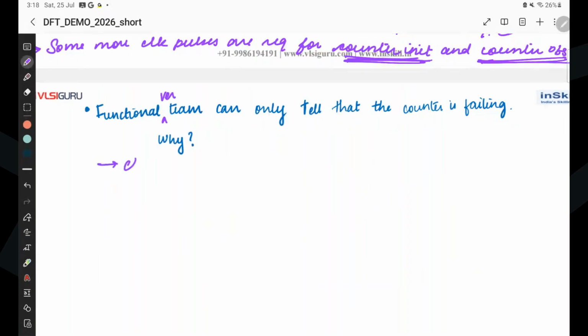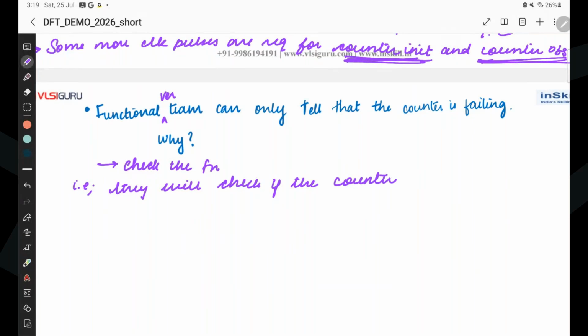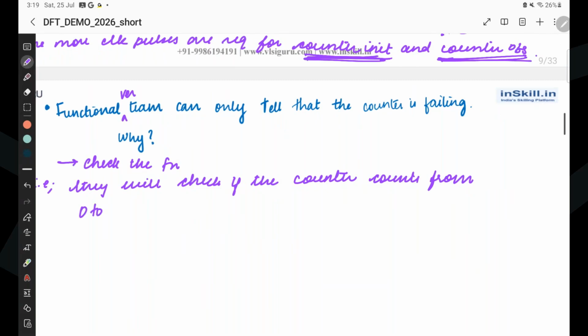Because they will be checking the functionality, which means they will check if the counter counts from 0 to 1023 properly or not.